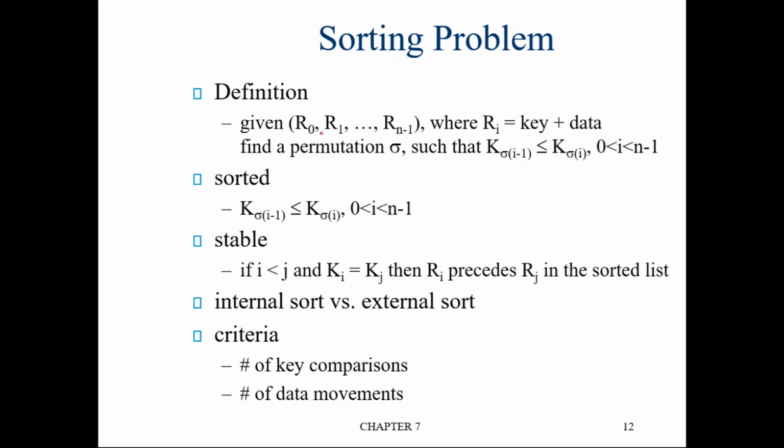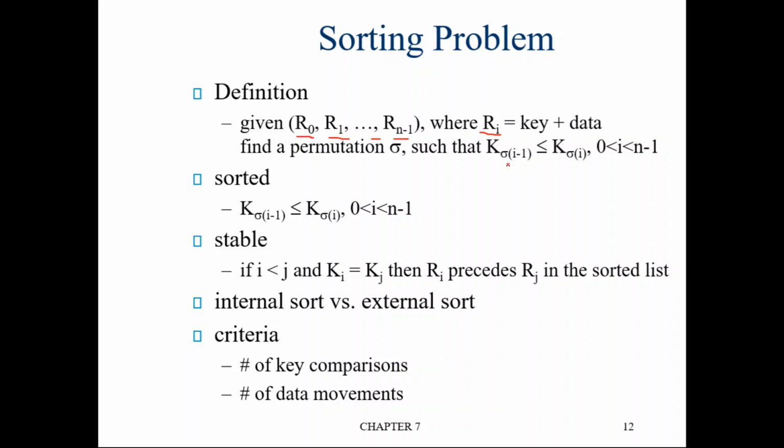So given a set of objects like R0, R1, R2 up to Rn minus 1, where each of these contains a key. R0 contains a key, like key 0, plus some data. R1 contains a key, like key 1, plus some data.